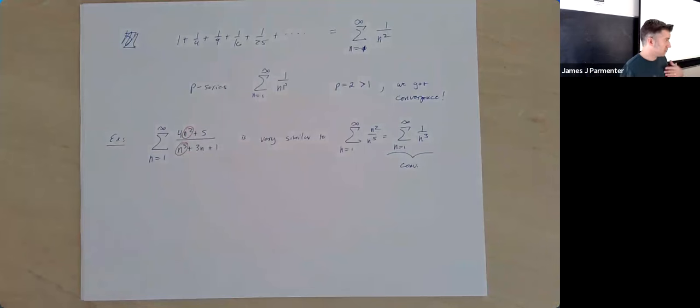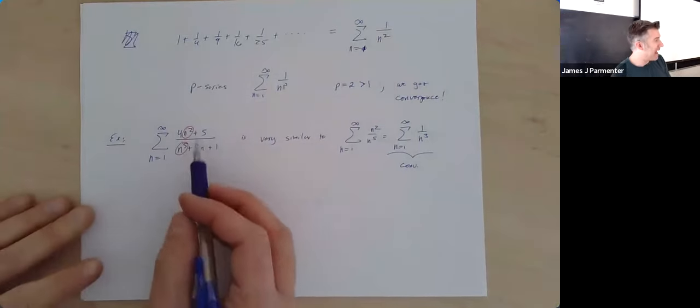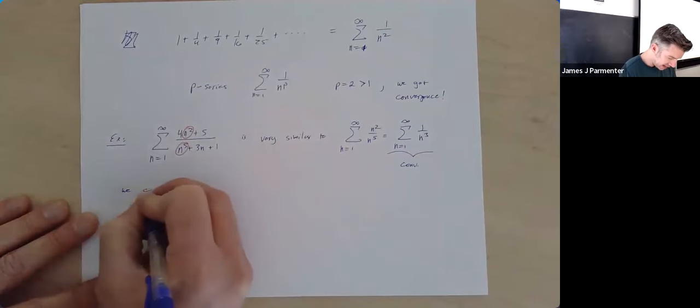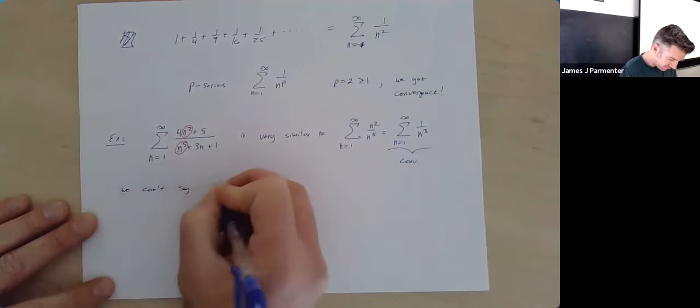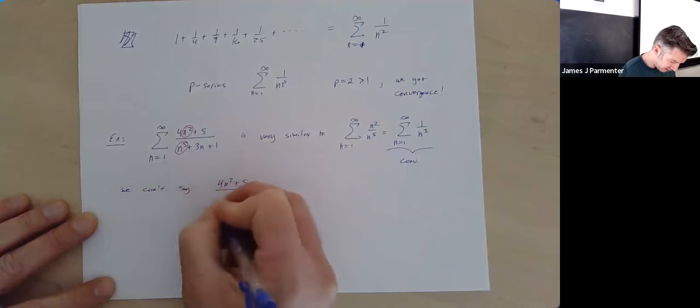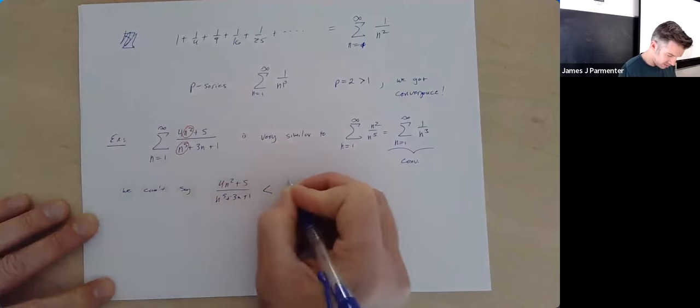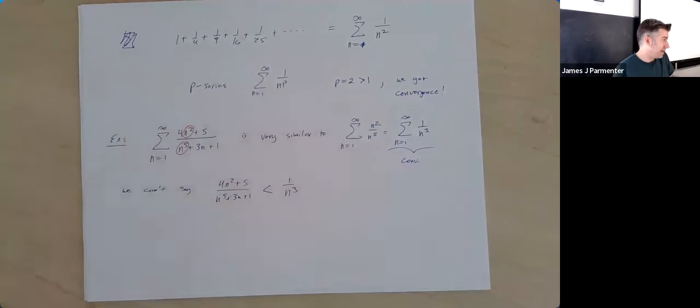Exactly, because the top and the bottom are bigger. So we can't just say that 4n squared plus 5 over n to the fifth plus 3n plus 1 is less than 1 over n cubed, because it's not.